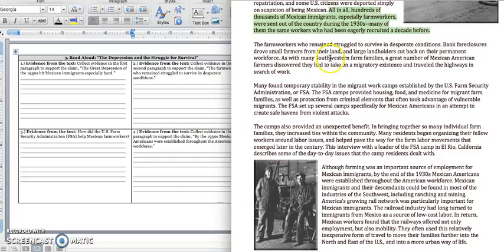And so, one reason that shows that farm workers struggled to survive was because the bank took many of their farms when the farmers couldn't afford to pay for their land.